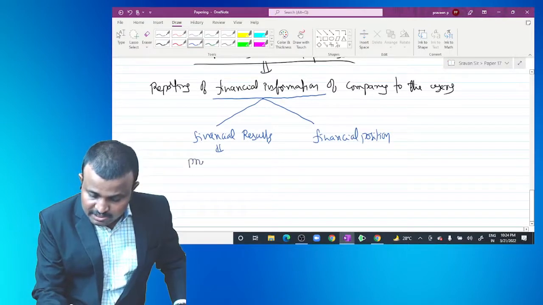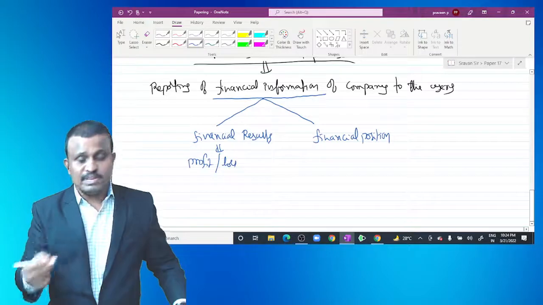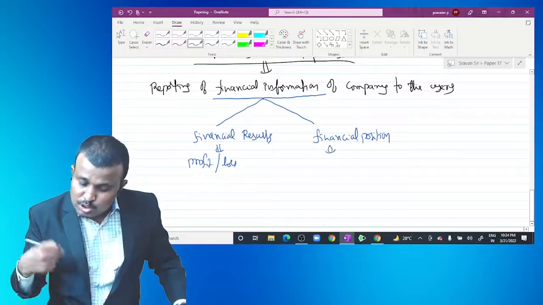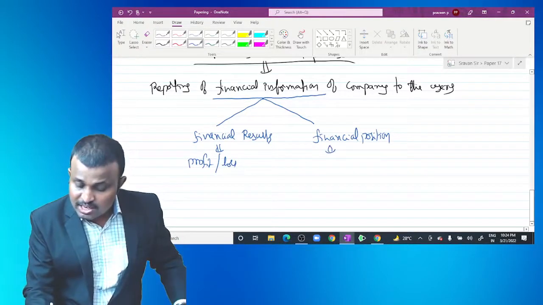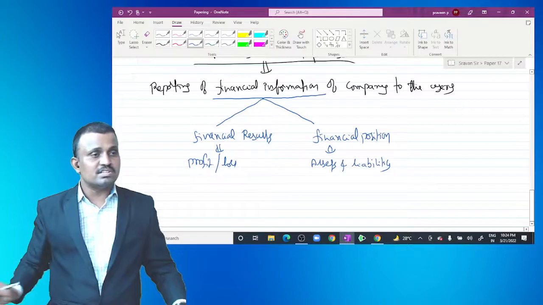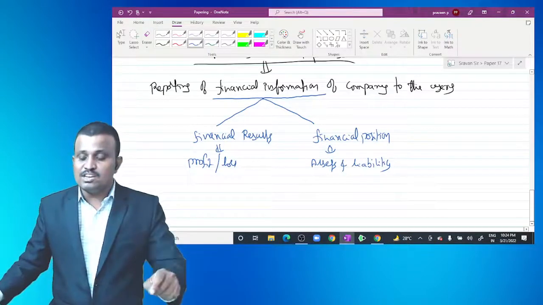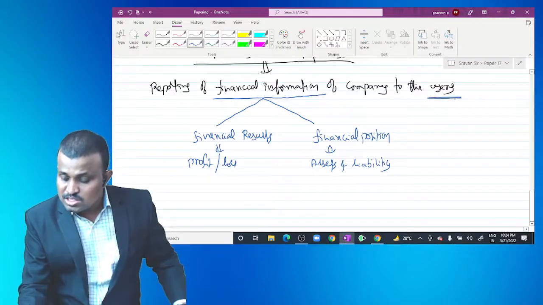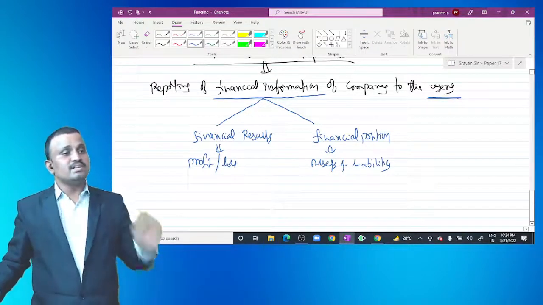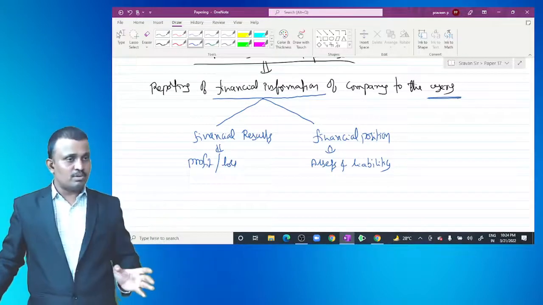The profit or loss relating to the respective entity, and financial position is represented in terms of what? Assets and liabilities. So reporting of financial information of the company to the users of the financial statement is technically called corporate financial reporting.